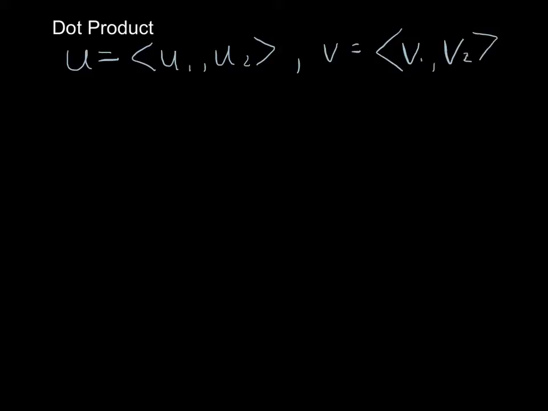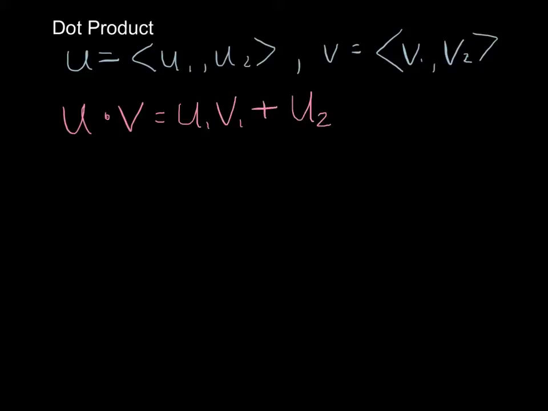If we wanted to find the dot product, we multiply the components. So we're going to multiply u1 times v1, then u2 times v2, and we will add those products together. So it's u1 v1 plus u2 v2.